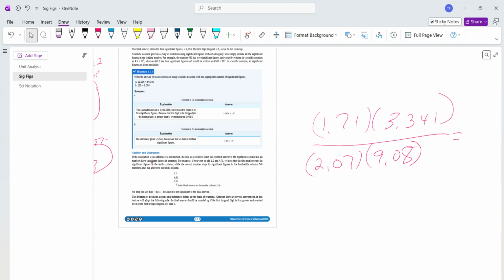Okay, I've got 3 sig figs, 4 sig figs, 3 sig figs, 3 sig figs. So our answer is going to have 3 sig figs.